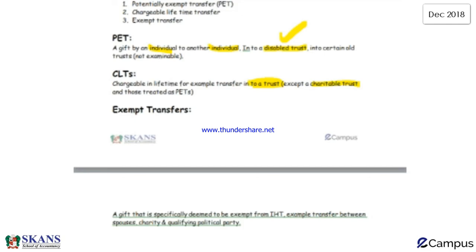So we should focus on how IHT is calculated when someone makes a transfer of value during their lifetime and when someone transfers value on their death.